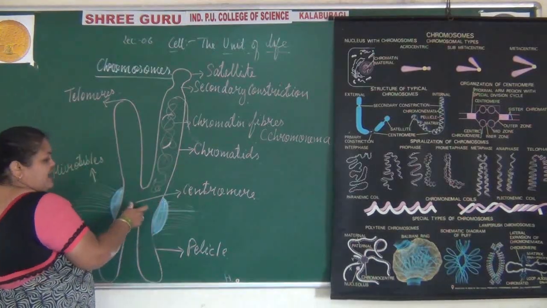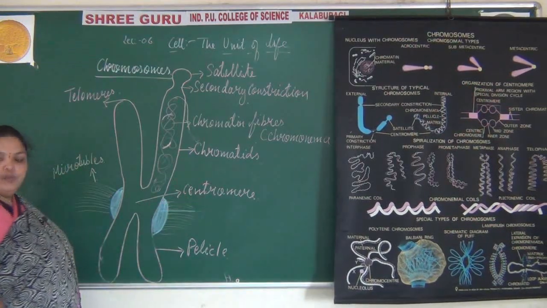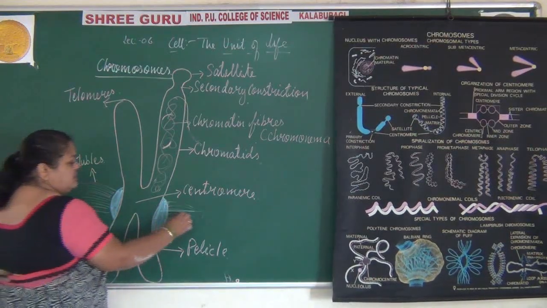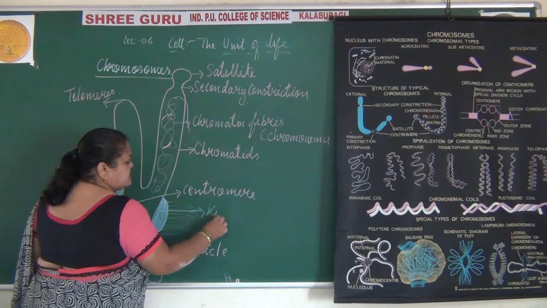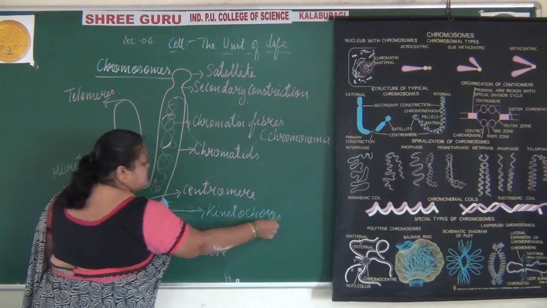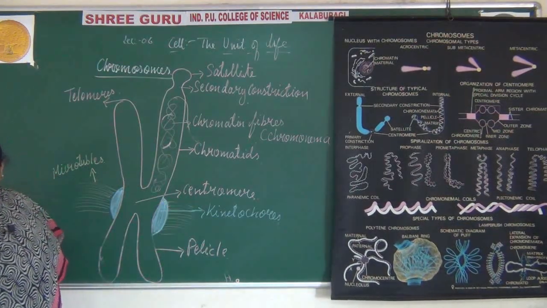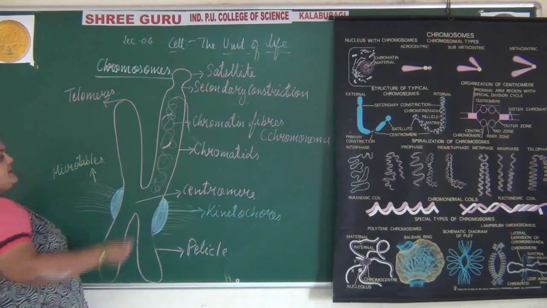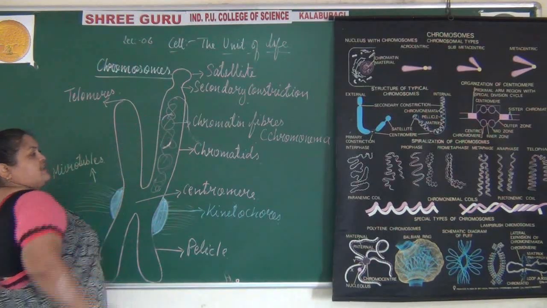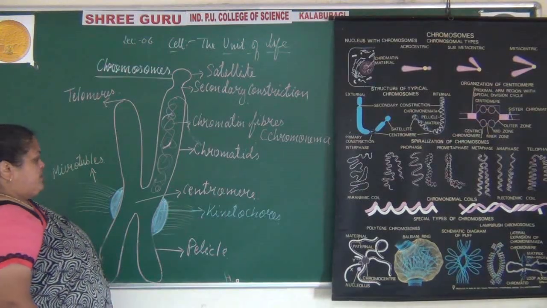Then the two arms are held at the center at a point known as the centromere, and the band of protein surrounding the centromere is known as the kinetochore, to which the spindle fibers get attached. The kinetochore is surrounded by microtubules. The chromatin fibers show two components, the euchromatin and the heterochromatin, with the DNA wrapped around the histone protein.